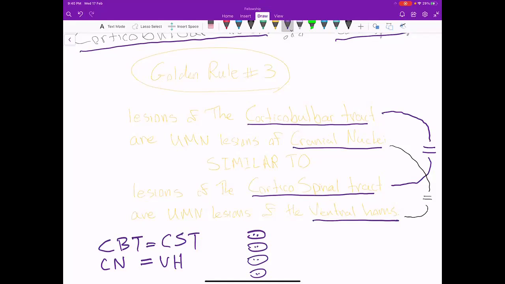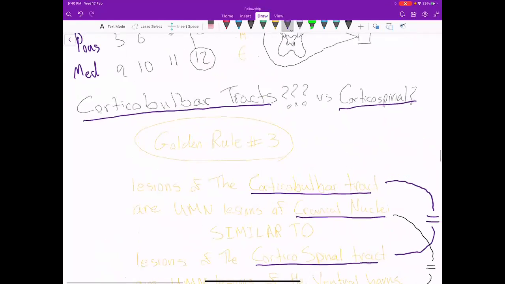Well, in the midbrain, you have 4 nuclei at each location, at each segment of the midbrain. So the cranial nerves are the same concept as the ventral horns, and the corticobulbar tract is the same concept as the corticospinal tract.